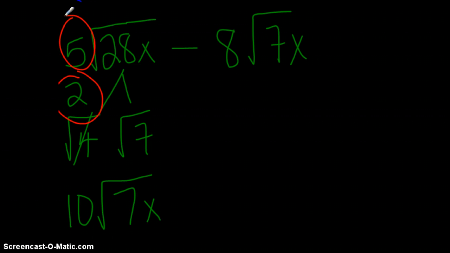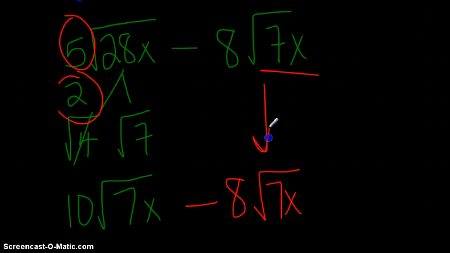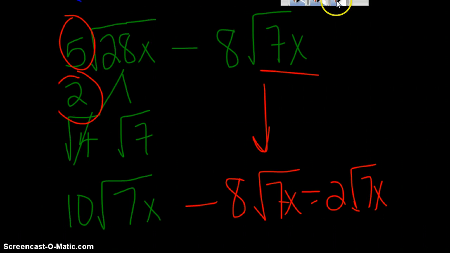And then over here, I already have 7x that can't be simplified, so I just have take away 8 root 7x. So 10 take away 8 is 2 root 7x. Good job, guys. Okay. Now let's talk a little bit about the distributive property.